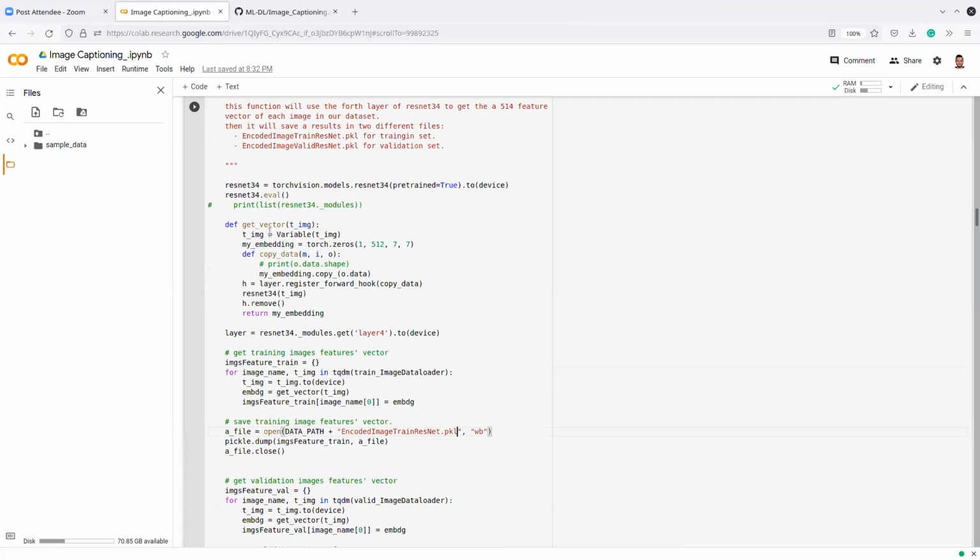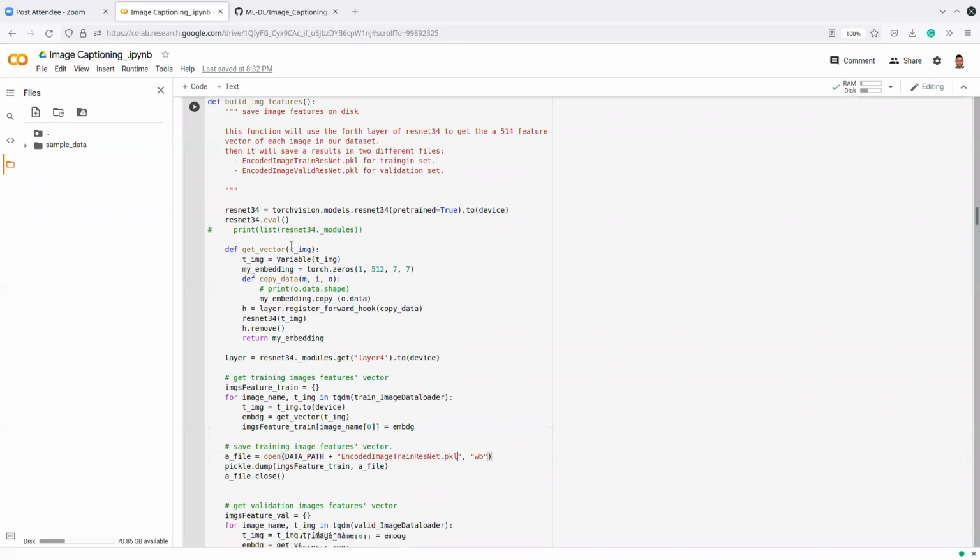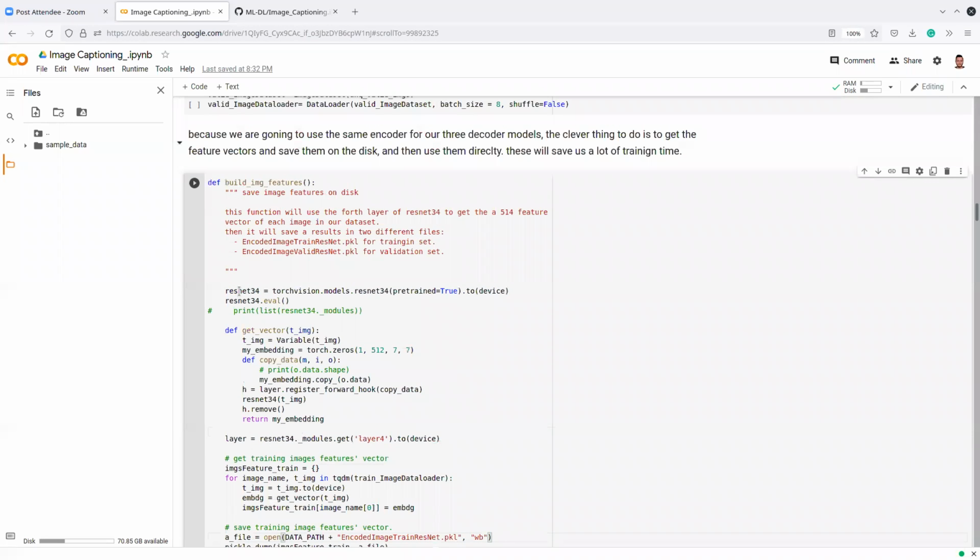Why did I choose ResNet 34? The reason is just that I don't want to put any extra layer between the feature vector of the image and our model. Since my model that will generate the captions, I chose 512 for the dimension of the model, and ResNet 34 already gives me this dimension.